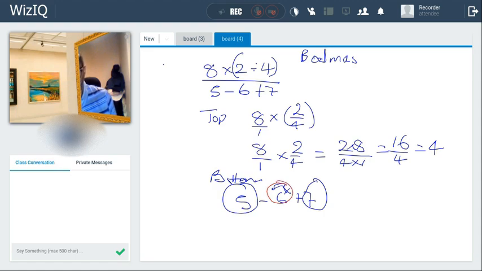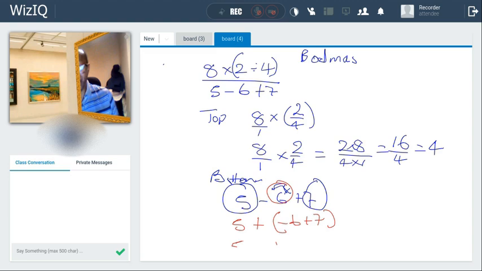But if you want to use this one, if you put a bracket, you're going to have minus 6 plus 7. Remember, this one is not subtracting, so it's going to be plus this, because your minus is inside here. So now 7 take away 6 is going to get 1.